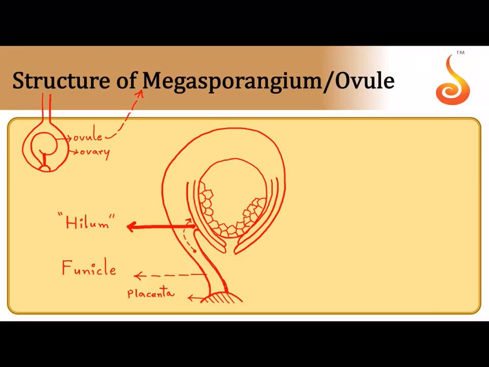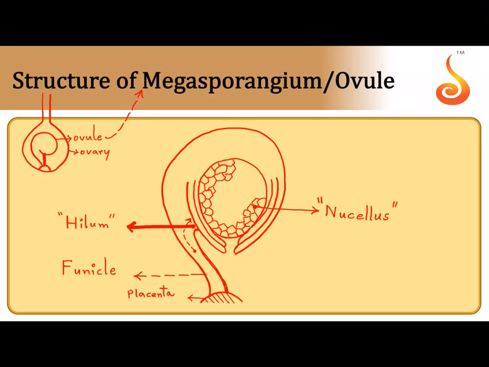So this tissue that makes up the body of the ovule, the main part of the ovule. See, all these are cells. And this tissue, the nutritive tissue, is referred to as the nucellus. What is it called? It is called the nucellus. Remember, the cells of the nucellus are richly provided with reserve food material.